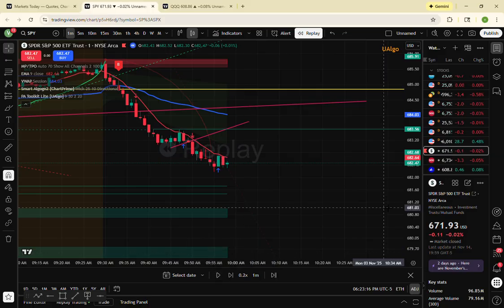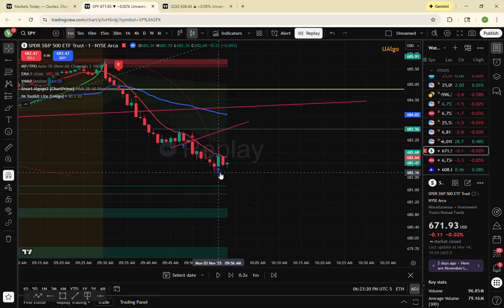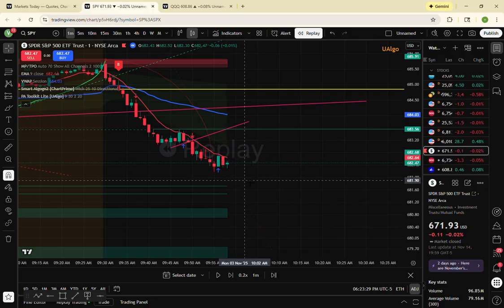Okay, let me stop it. There's a level right here. These two candles right here, this level is not significant enough. But what we've got to pay attention to is this VWAP and EMA.